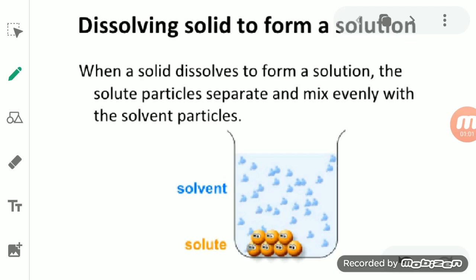Due to the very small size it cannot be seen with the help of a microscope, and the particles are so small that they pass through filter paper very easily. We studied that a true solution does not scatter light.